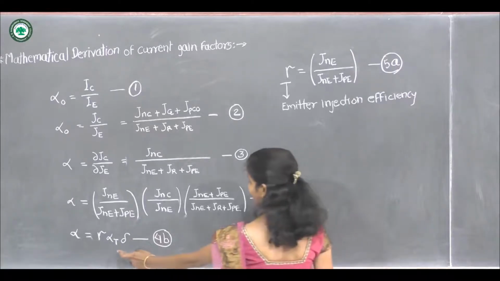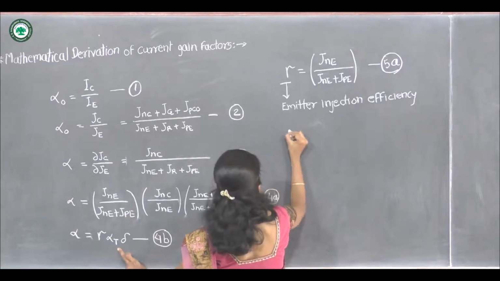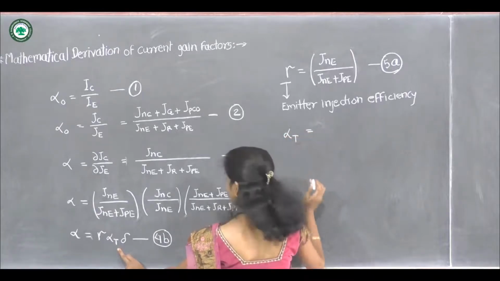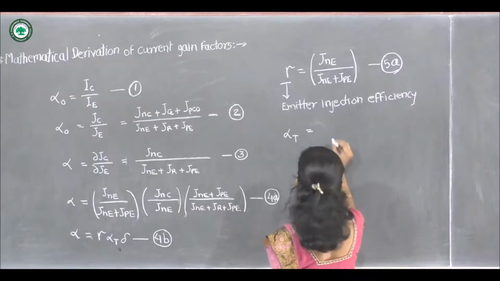Then this factor alpha T is equal to JNC upon JNE.